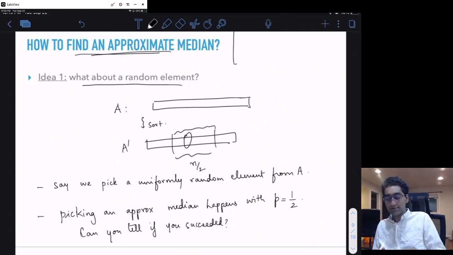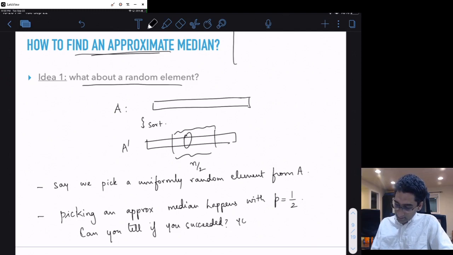Because you picked an x, which is one of the elements of the array, you can count how many numbers were less than or equal to x, and you can count how many are bigger than x. If both those numbers are at least n by 4, then you know that you've succeeded. If even one of them is smaller, then you know that you have failed. So yes, in O of n time.